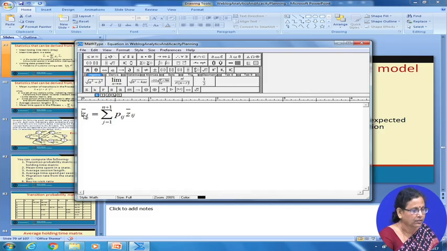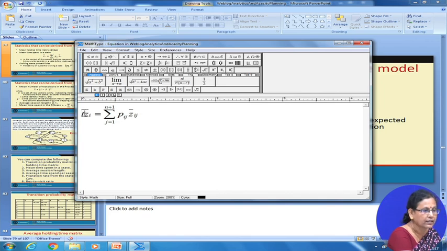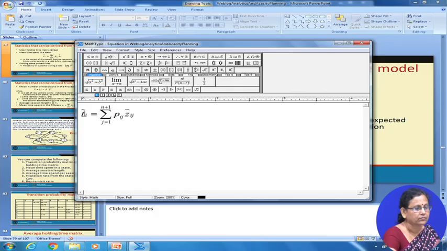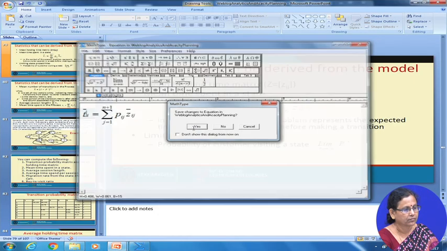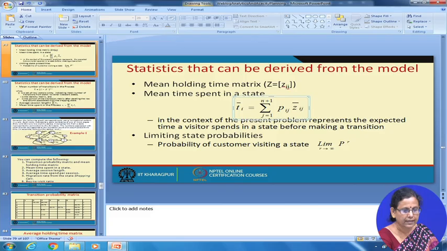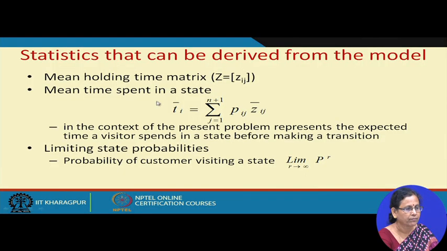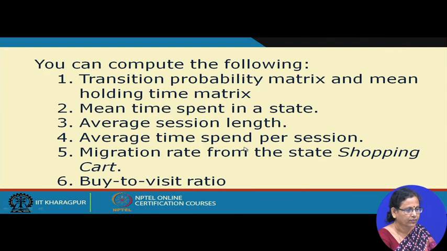So, this is the mean time spent in this state. The mean time spent in this state can be found out from this formula, and once you find out the mean time spent in the state, you can find out the average session length.